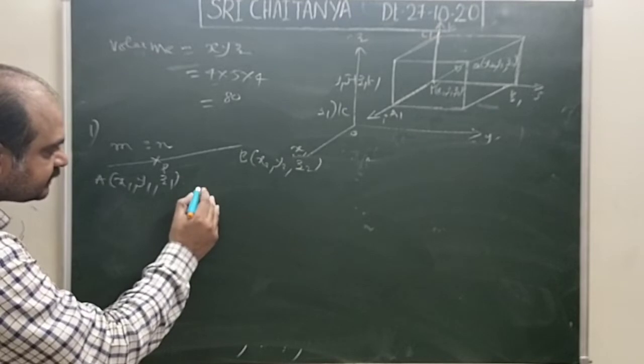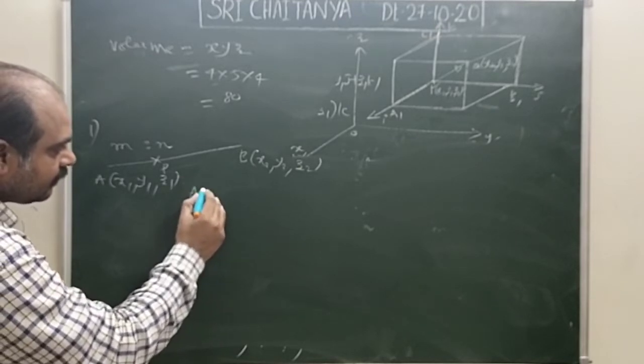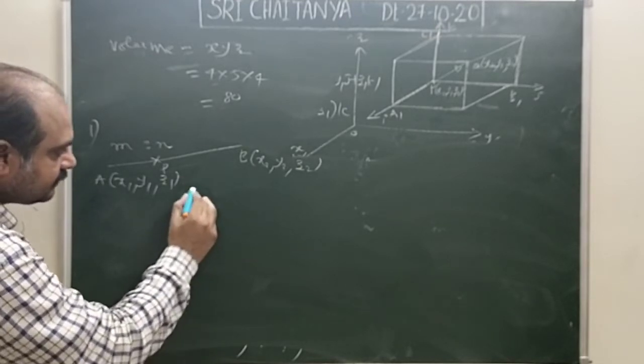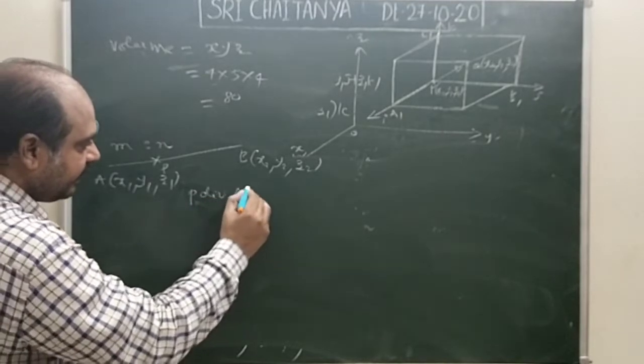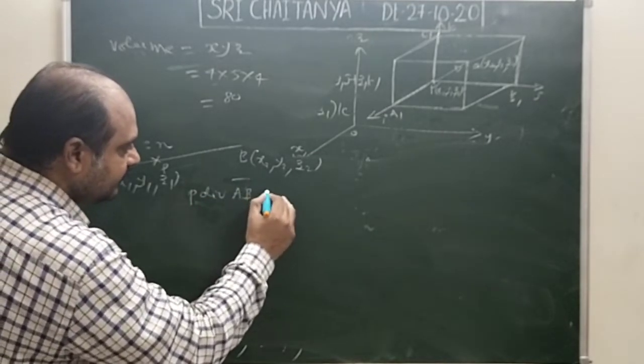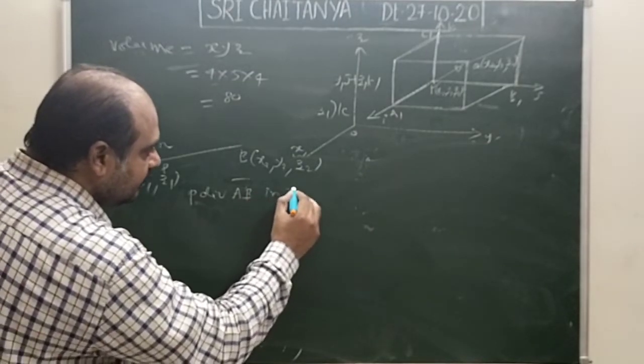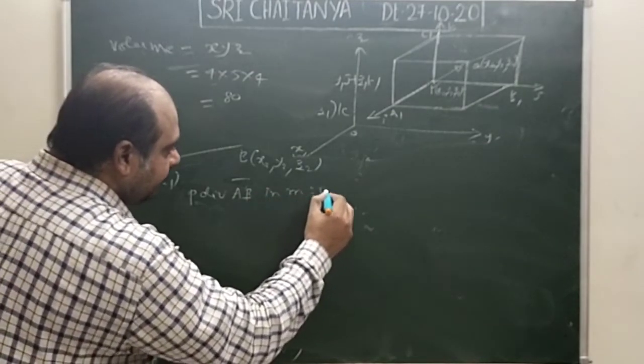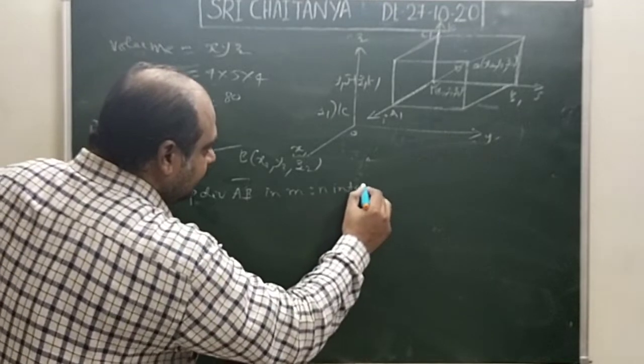That means P divides the line segment AB bar in m:n internally.